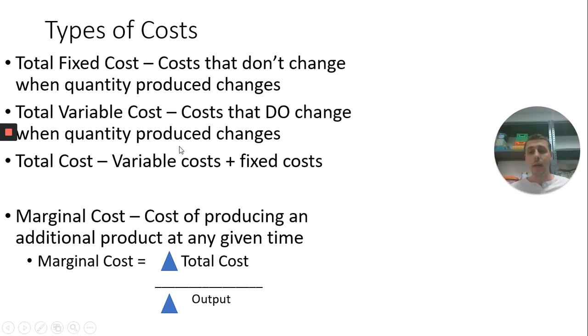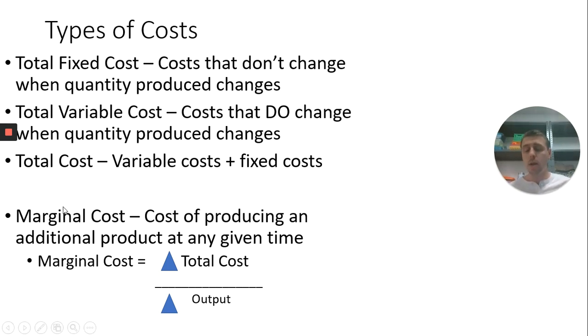When I add those together, I get my total cost, okay? So I get my fixed costs, like my cleaning fees, my rent, my maintenance fees, and then I add my variable costs, right? My fixed cost is just constant. My variable cost rises and falls based on what quantity of my good I produce, and I put those together and I get my total cost, which will fluctuate along with my variable cost.